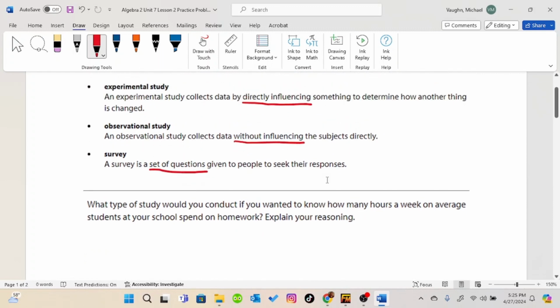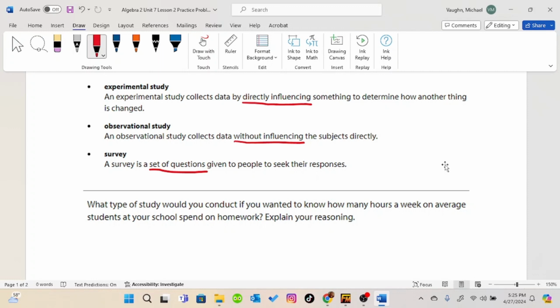So the first question asks, what type of study would you conduct if you wanted to know how many hours a week on average students at your school spend on homework? Explain your reasoning.